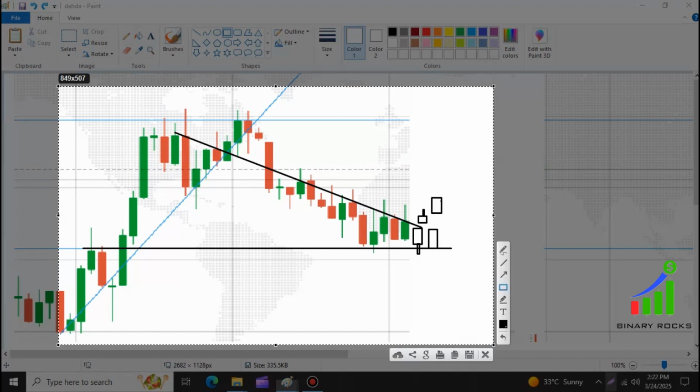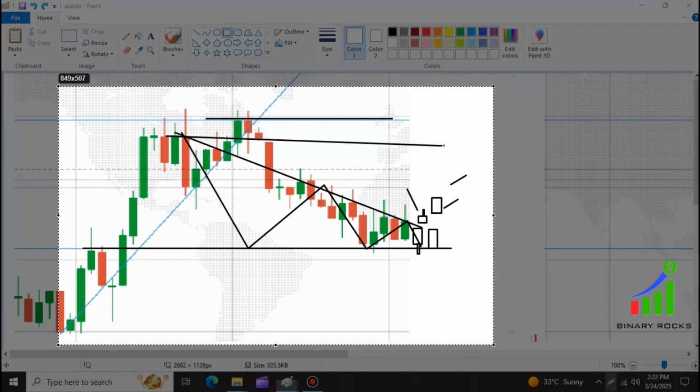Is it clear? So you should check these points while you are at the area where the market is trying to break. Here it is trying to break. So you should check these kind of areas. Is it clear? So always check. Here you should wait. One, you may get a buyer's candle. Yes, next candle you can go with buyers because the next level is here. This is your next level.